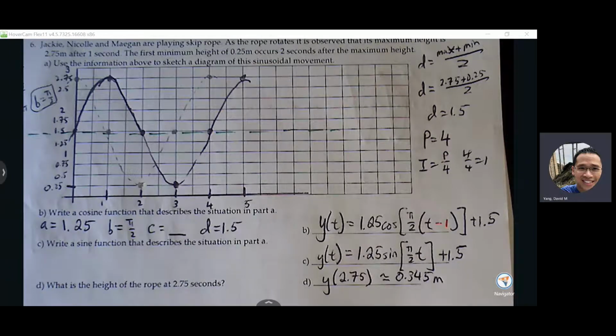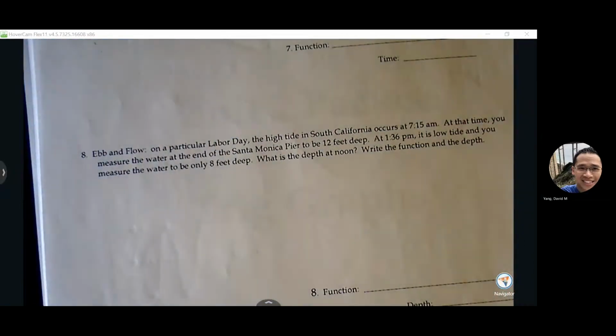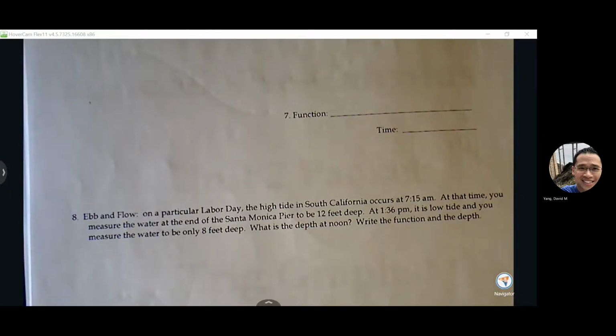Okay, let's go to the last page. Anybody have issues with part D? Okay, does anybody still need to look at this page that I have up here? Okay, I'll leave it up here for another minute.